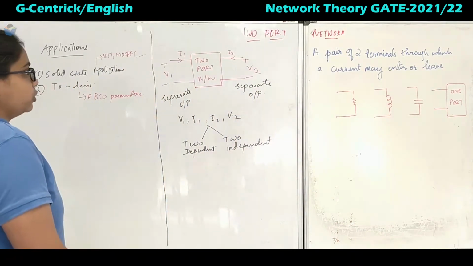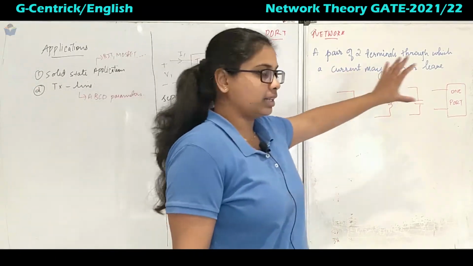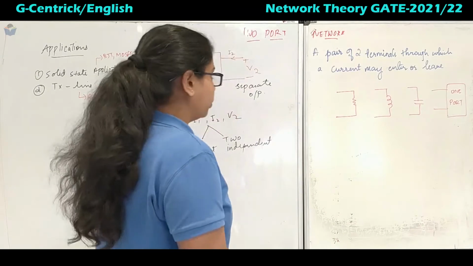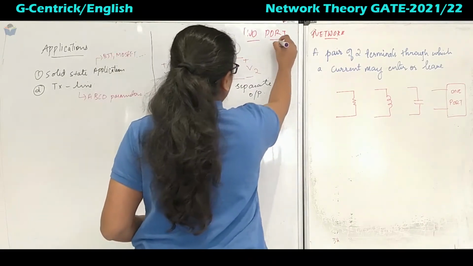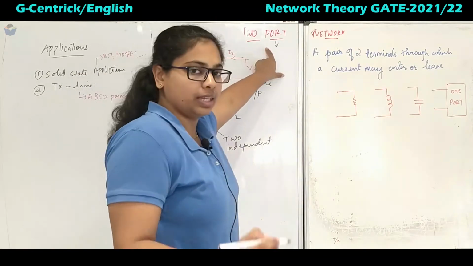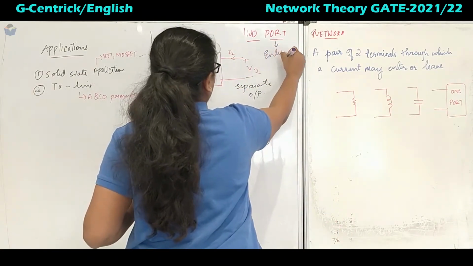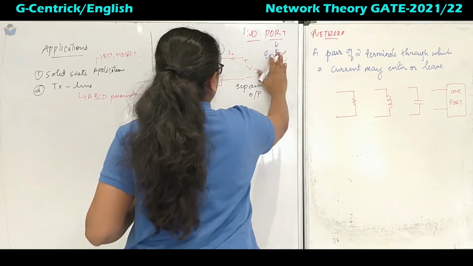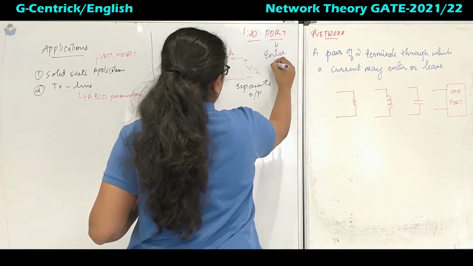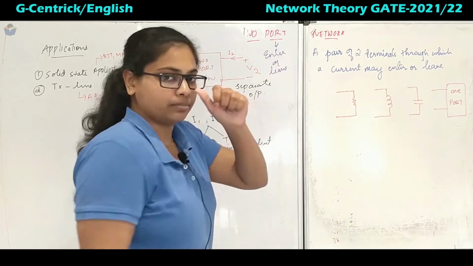Now coming to this two-port network, whatever we have learned till now is like one-port network. First we will answer what is the meaning of this port. This port is nothing but the entry or leaving of some particular quantity. So we can enter some quantity, or it can leave that port.